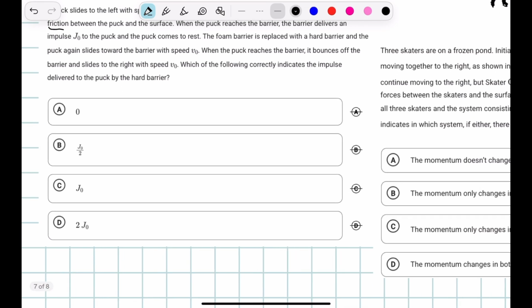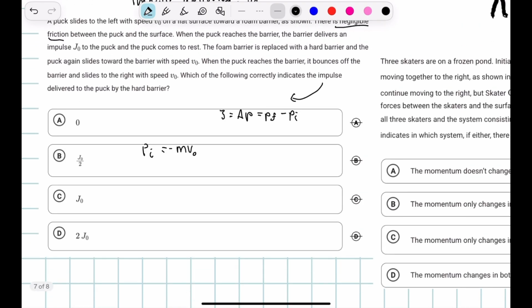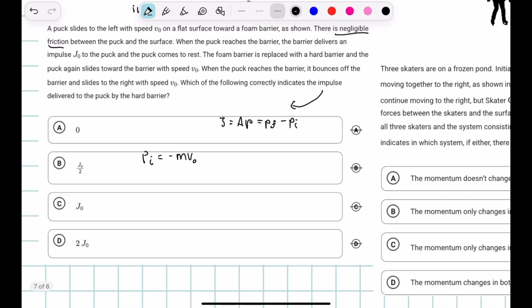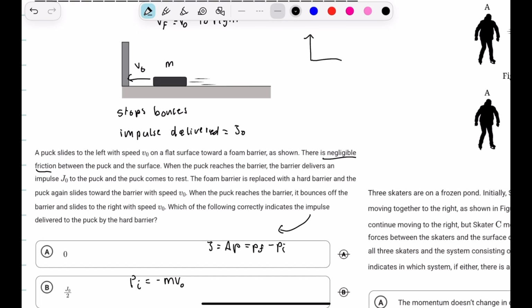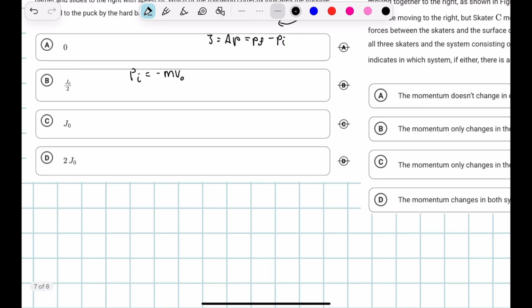The definition of impulse is J equals delta p, the change in momentum, equals p f minus p initial. So we know that the initial momentum, p initial, was equal to negative mass times the velocity. It's negative because the puck is going left, which is the negative direction, with positive x to the right.